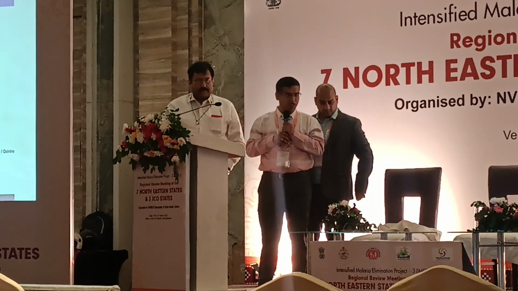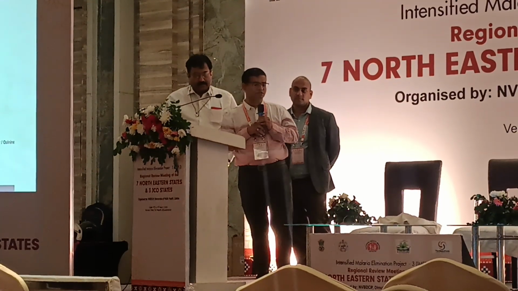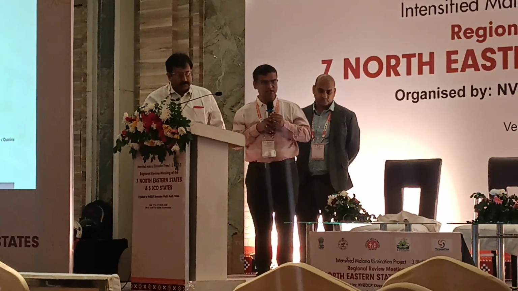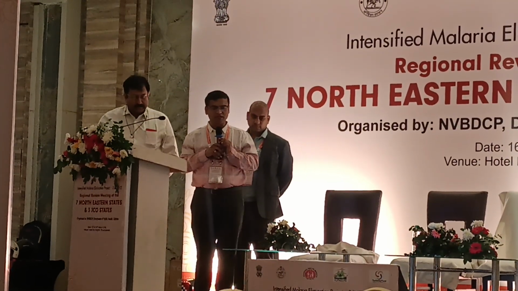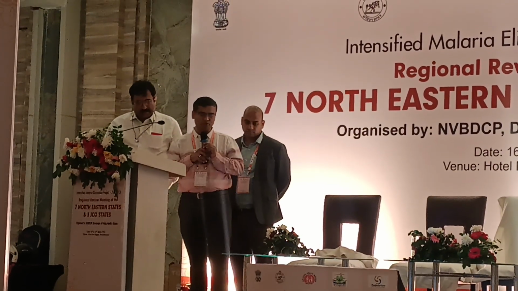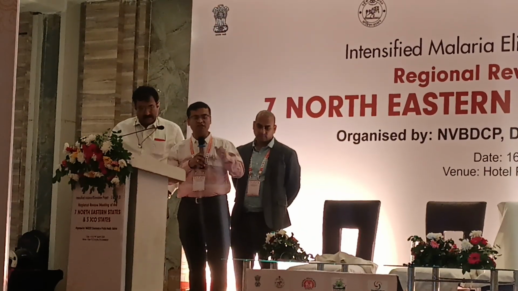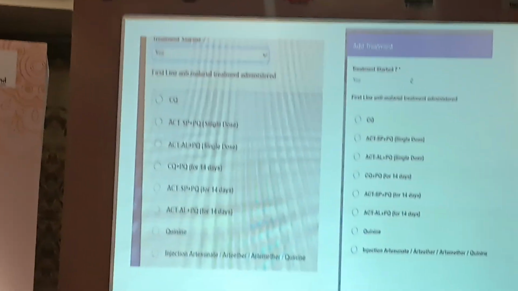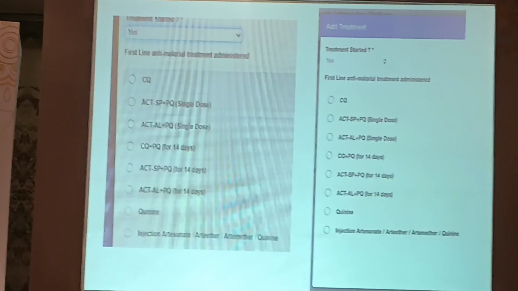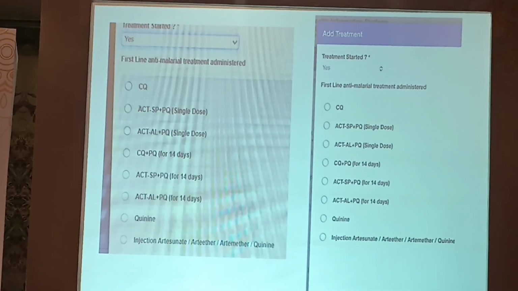Thank you. So the slides clearly show that for the first line of antimicrobial treatment for Plasmodium falciparum, there are many options. The correct option is ACT, AL plus PQ single dose.